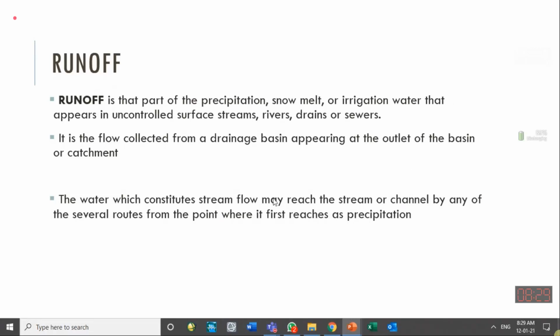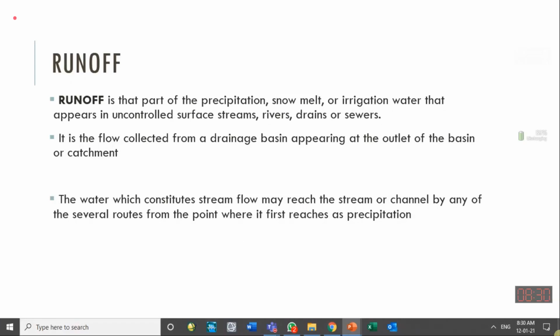So simply, runoff is all that part of water out of the precipitation, snow melt, ice melt, and leftover water of the irrigation. So when we carry out irrigation in a certain area, not all of it is evaporated from that place.